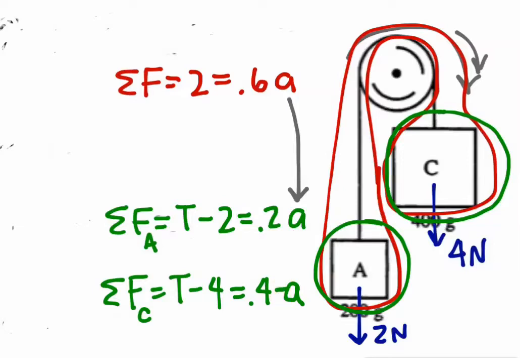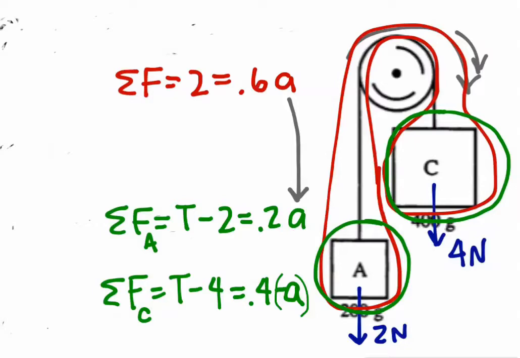Now this is a little bit self-correcting if you realize what's going on, because if you did not have that negative sign there, in other words, if you weren't multiplying by negative A, which I just want to make sure you realize I'm not subtracting here, I'm multiplying by the negative of A. If I didn't do that, I would actually end up with the tension greater than the weight on C, which would no longer match the direction of acceleration.